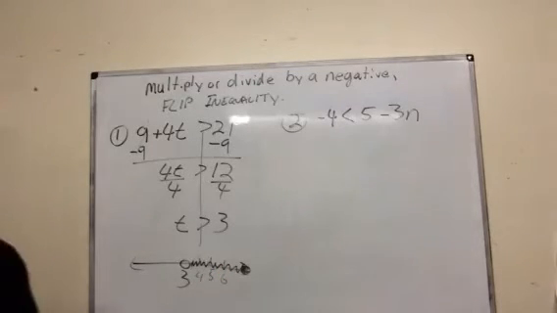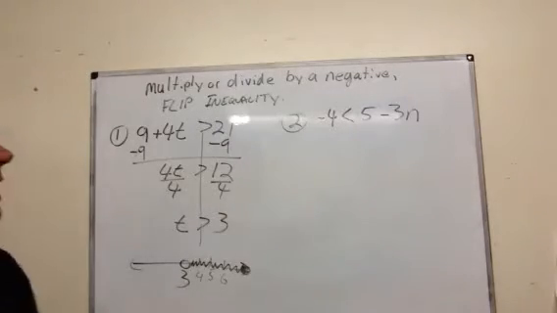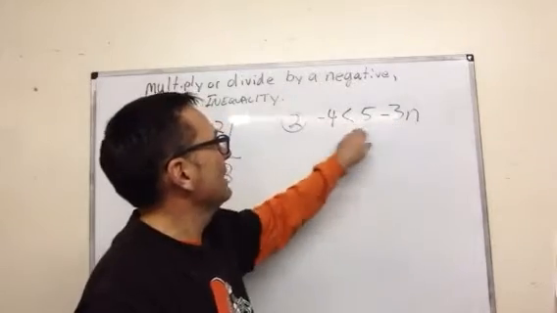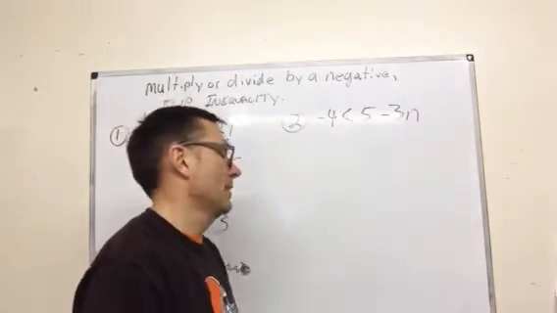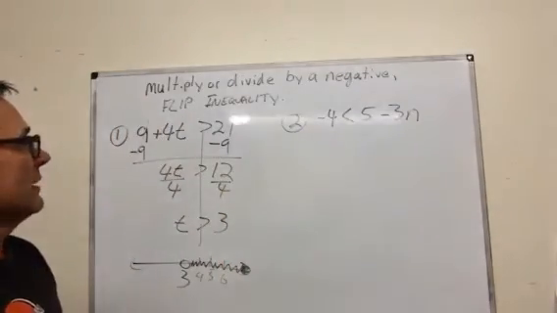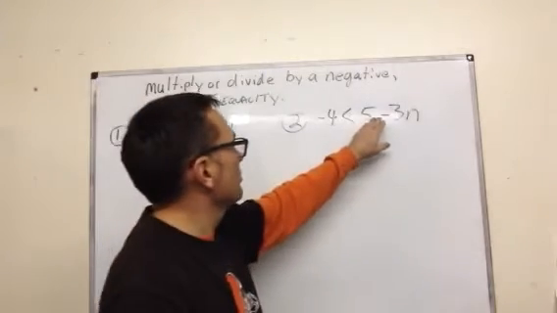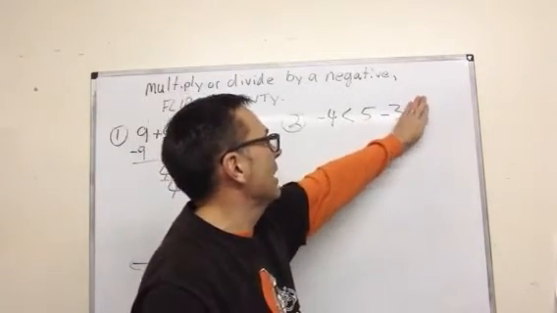Number 2. Very similar problem, except look what happened. Our variable is now on the opposite side of the inequality. It's on the right instead of the left. So we're going to have to do something at the end. So looking at this, I see that we're subtracting 3n from 5. Again, we want to get the n by itself.